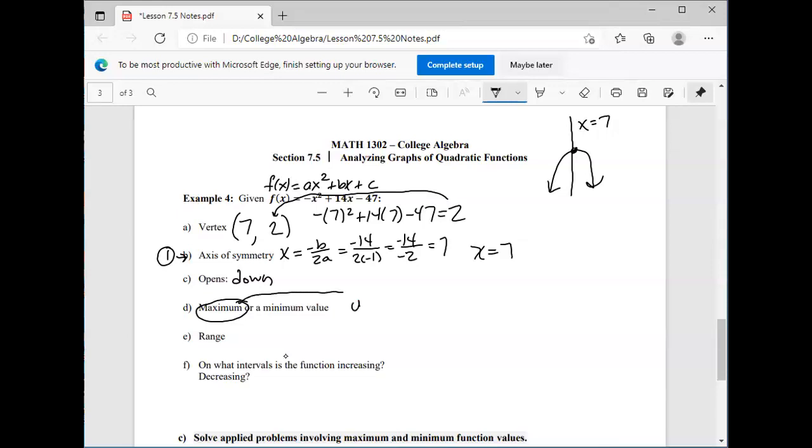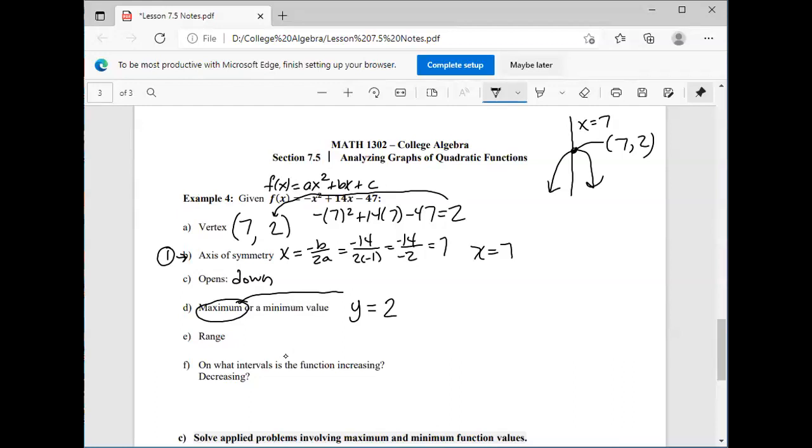The maximum value happens when y is equal to what? This is the vertex right here. The vertex we just found was (7, 2). What's y right there? So my maximum happens when y is equal to 2. If I want to get really specific, it happens at this point (7, 2). But a lot of times they talk about it in terms of y.